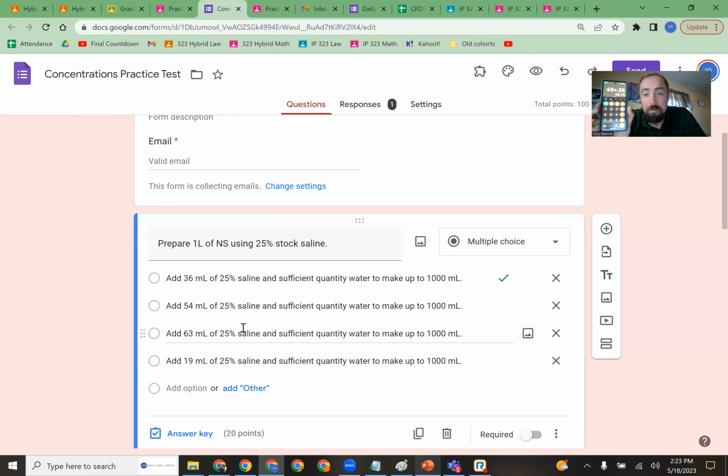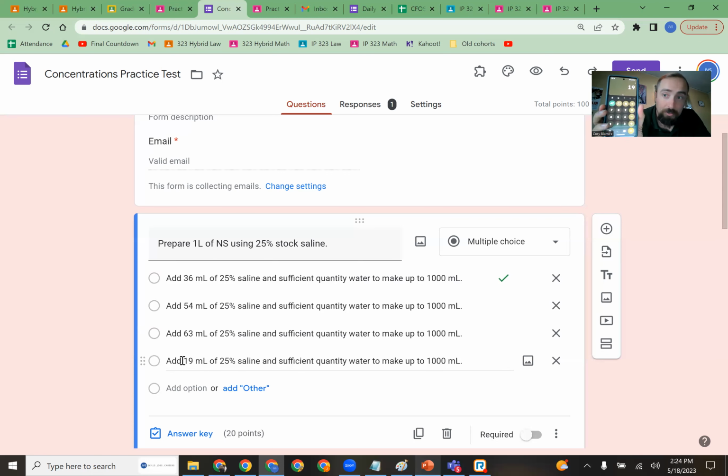If we're ending with 1,000 milliliters, then this number divided by 1,000 is going to be the strength of the saline: 0.1575. That's not right, because we know that NS in healthcare is 0.9%. That doesn't look remotely right. So we'll try the next one.